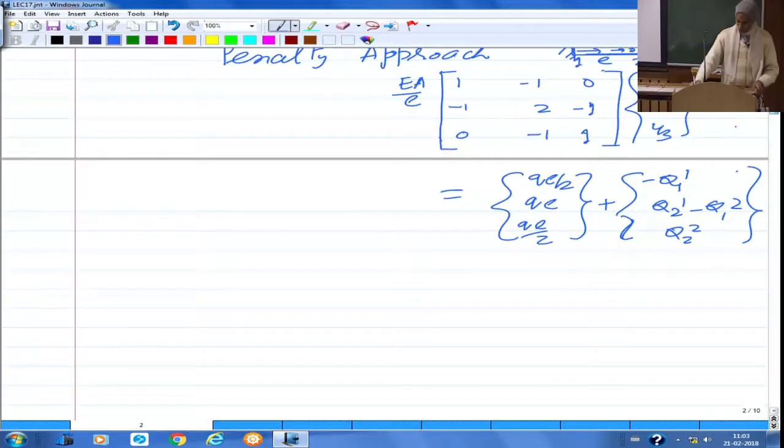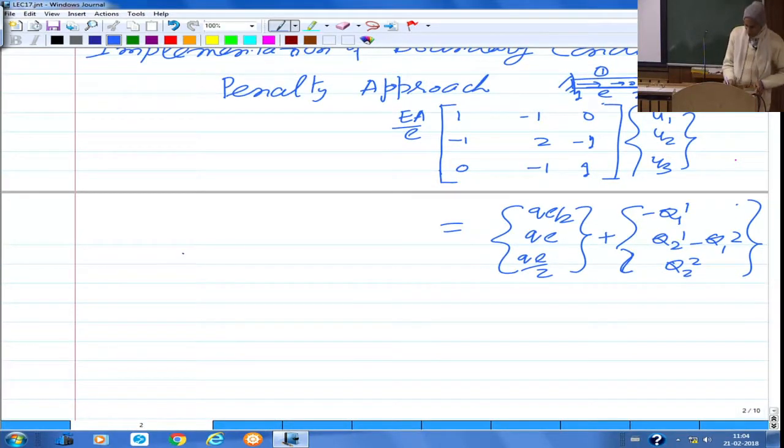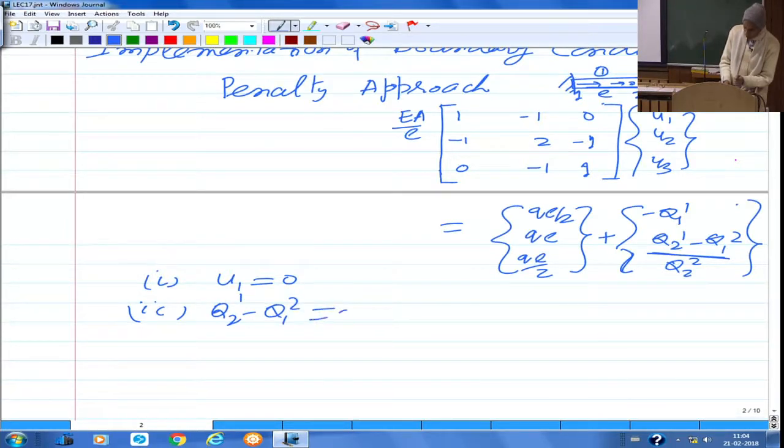Now when you want to implement the boundary conditions, one boundary condition is that u1 is equal to 0. You will still go through the same process. So Q21 minus Q12 equals 0 in this case, because there is no concentrated force at node number 2, so this is 0.